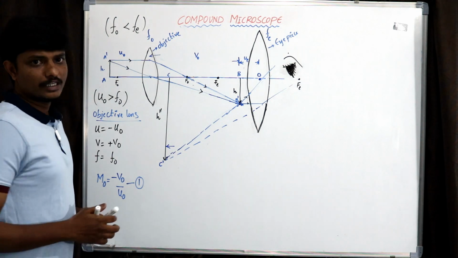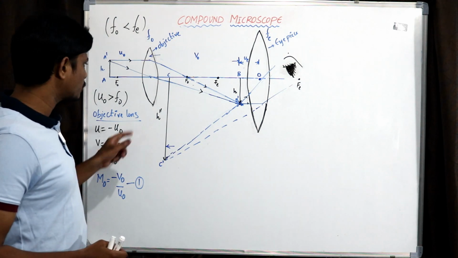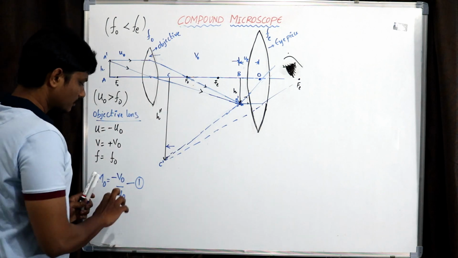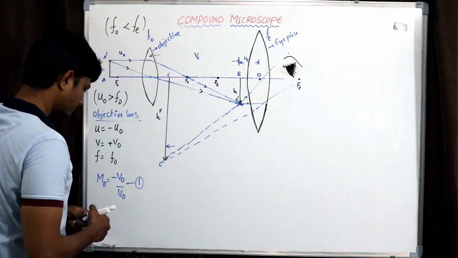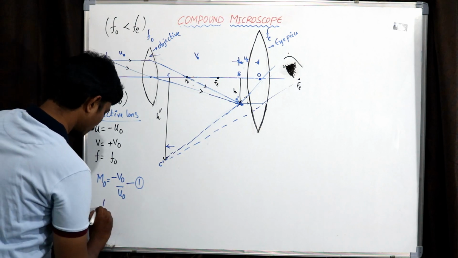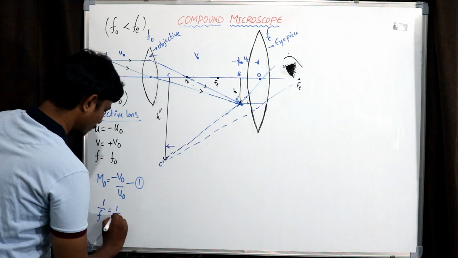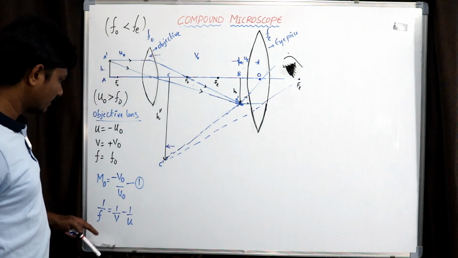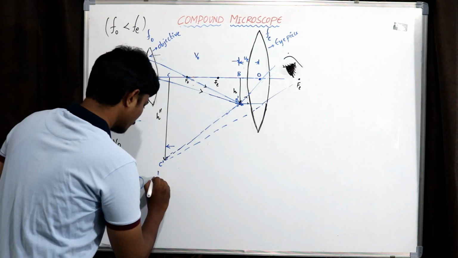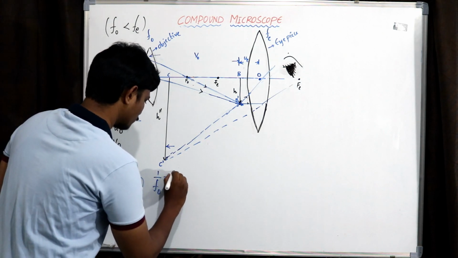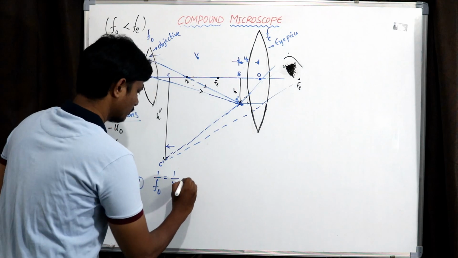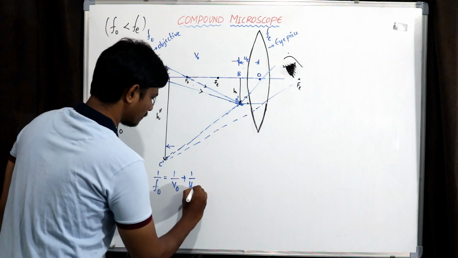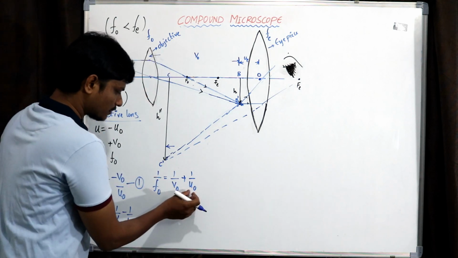Now, if you want to know the magnification produced by the objective lens in terms of focal length, we can modify this. We know 1 by f is equal to 1 by v minus 1 by u. Let us substitute these values in the given equation. What will you get? 1 by f naught is equal to 1 by v naught minus of 1 by u, which is minus of minus u naught, so plus 1 by u naught.